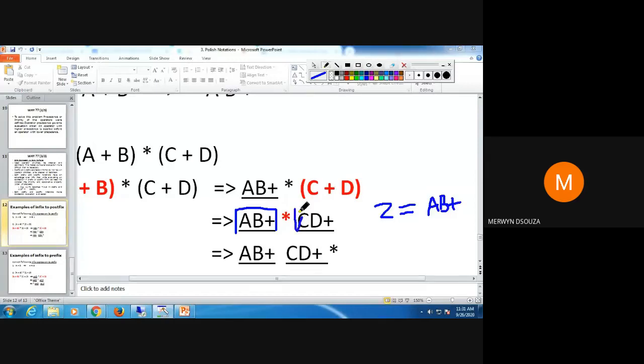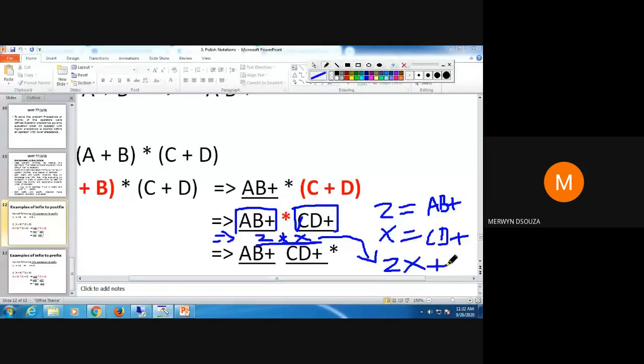The next expression you can say is equal to X. So you can say X equal to this CD plus. Now what you are going to do here is Z multiply X. You will put this in postfix form, so you will get Z X multiply.